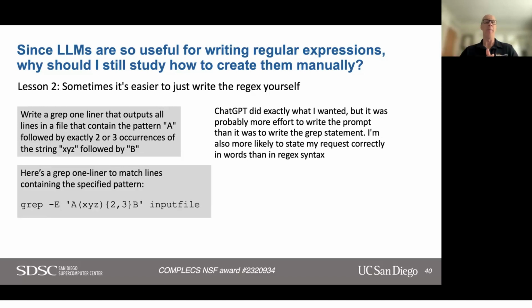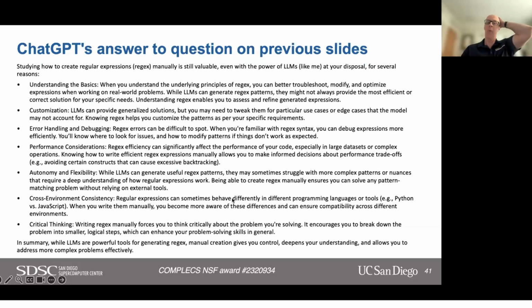Many of you here come from very, very mathematically intensive backgrounds: physics, engineering, bioinformatics, library sciences, and so on, where you're used to working with math and logic, and you may find that it's just easier to write the regex than it is to express yourself in words.